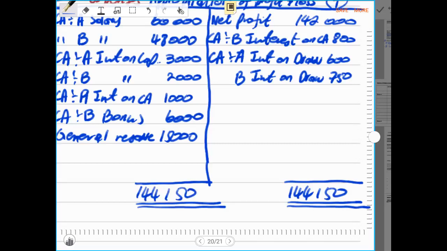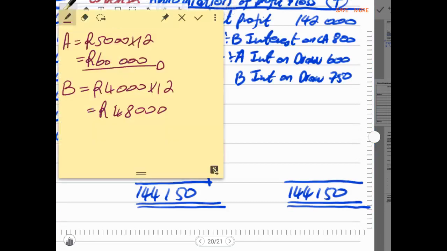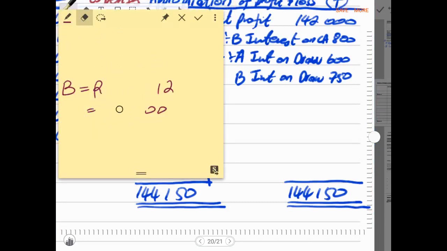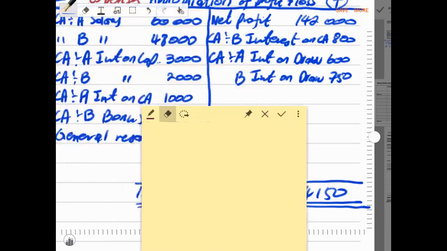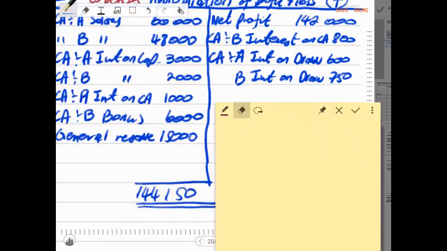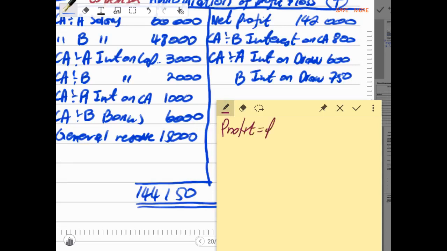And if you say total of the credit side minus total of the debit side, that should give you an amount of 9,150. That should give us a profit equal to 9,150.